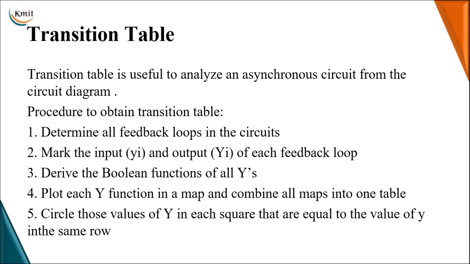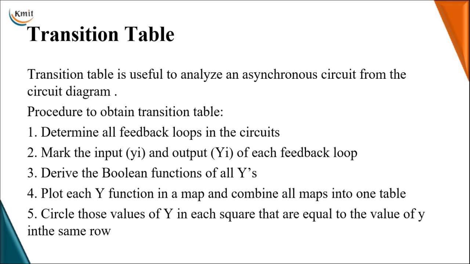The procedure to obtain your transition table is to determine all the feedbacks in your given circuit, as well as map your present states of your input and your next state of your input, with the small y as your present state and capital Y as your next state, which shows each feedback loop, as well as derive here the next state outputs. Next, plot each Y function using K-map techniques and combine all the maps into one table.